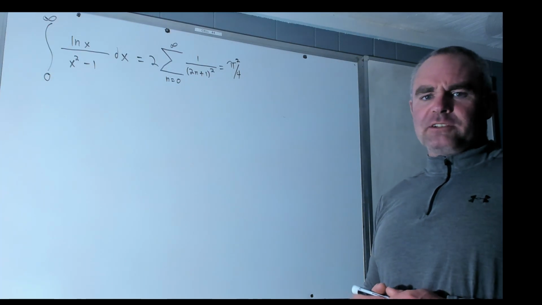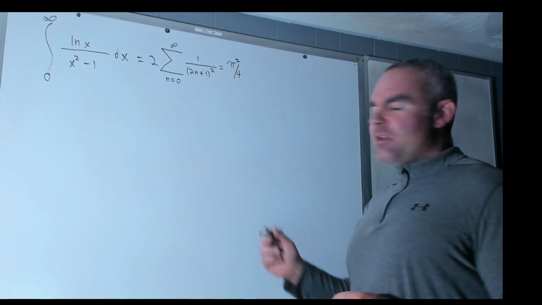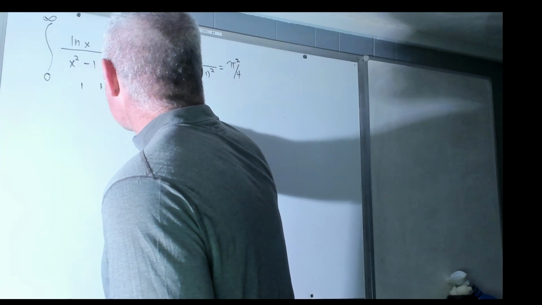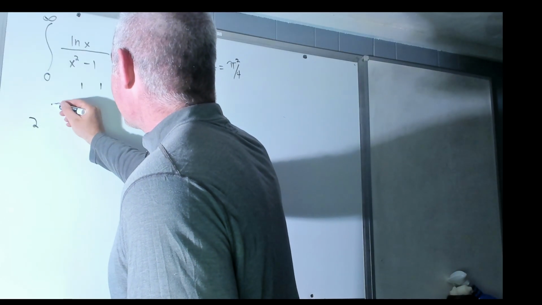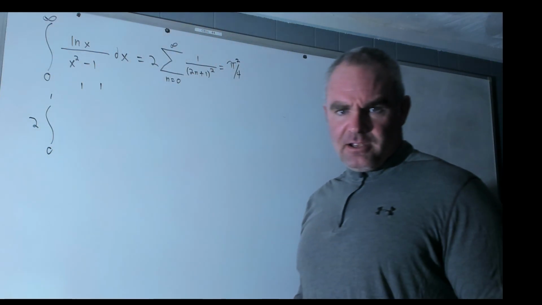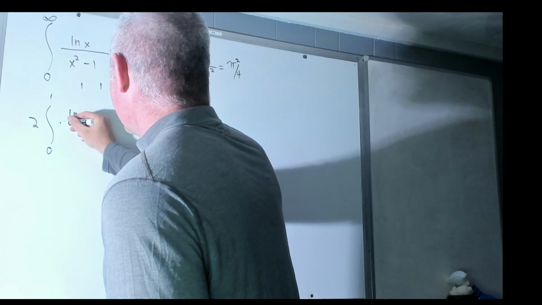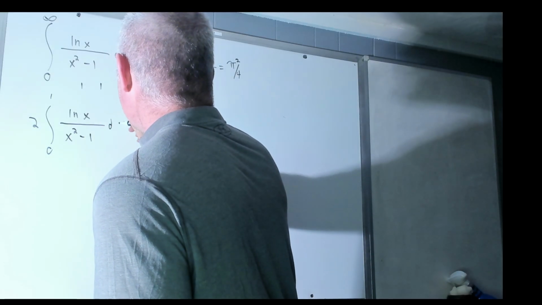Basically, what we want to do is first show that this integral right here, we can actually say that that is twice the integral from 0 to 1 of the same thing, natural log x over x squared minus 1 dx.